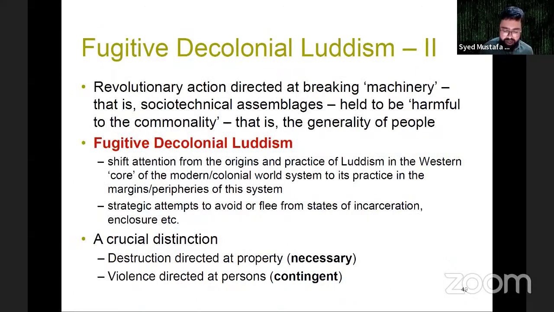I cannot emphasize enough that the Luddite opposition was to specific machinery perceived as causing hurt or harm to the commonality, and not to technology per se. While some commentators have argued that the latter should be understood in terms of the commons, others have interpreted it in terms of the maintenance of a way of life.